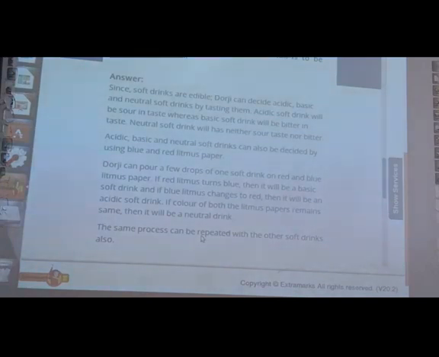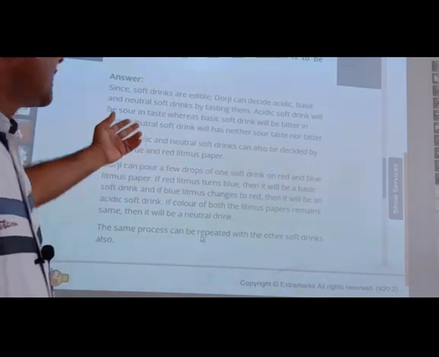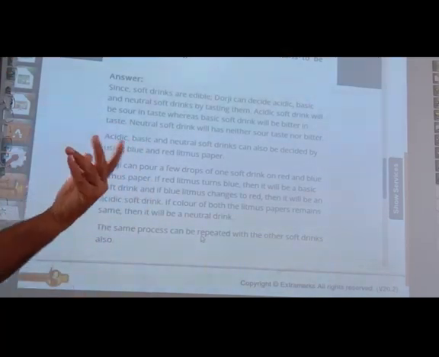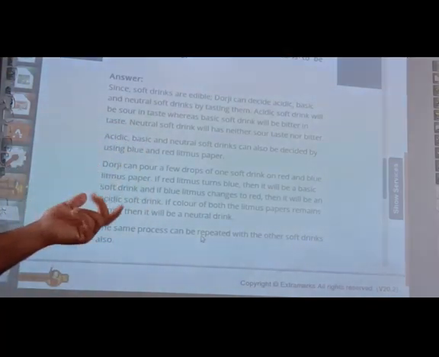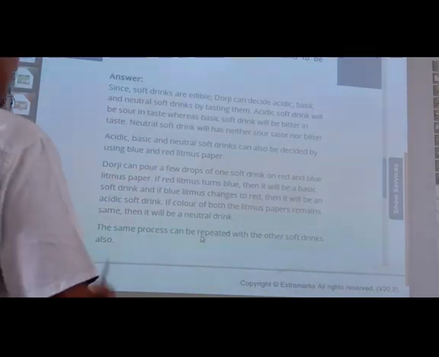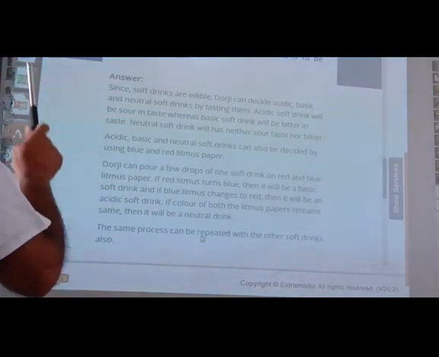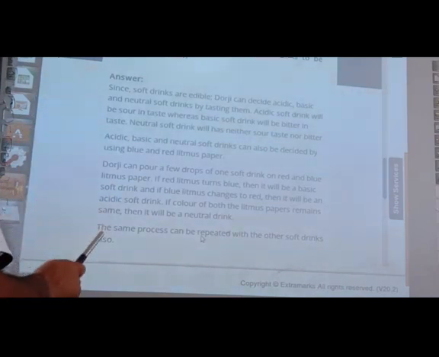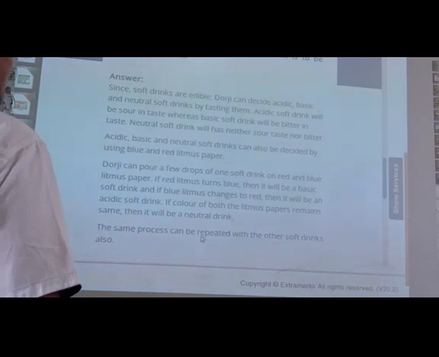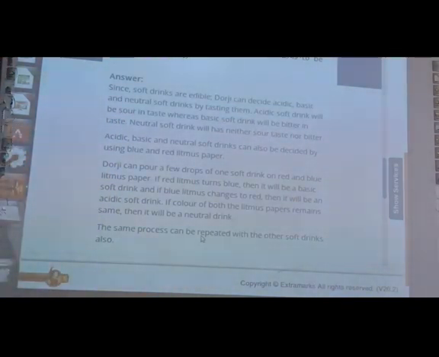Now there are two ways. First one is, soft drinks are edible, so by taste also we can find out, otherwise litmus. So here in the answer, they have explained on the basis of taste. Since soft drinks are edible, Dorji can decide acidic, basic and neutral soft drinks by tasting them. Acidic soft drink will be sour in taste, whereas basic soft drink will be bitter in taste.